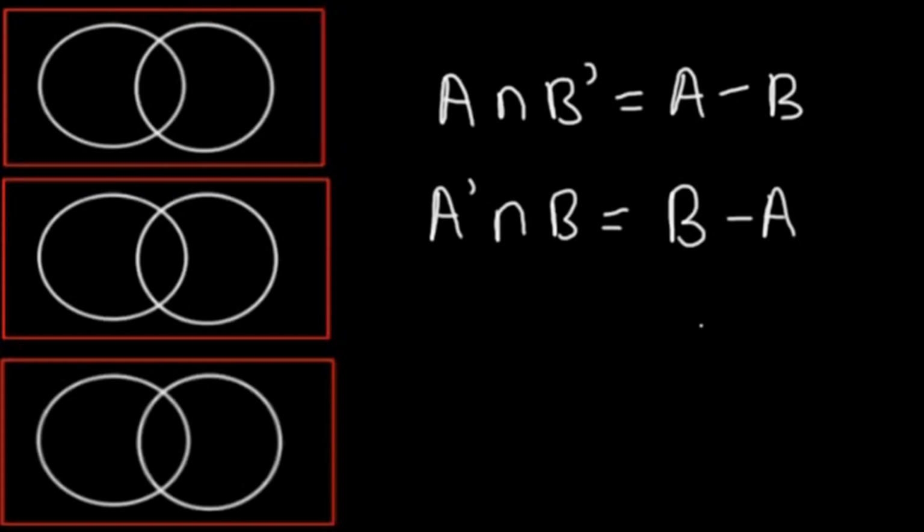In this video, we're going to focus on how these two operations are equal to each other. So let's start with the first one: A intersection B complement equals A minus B.